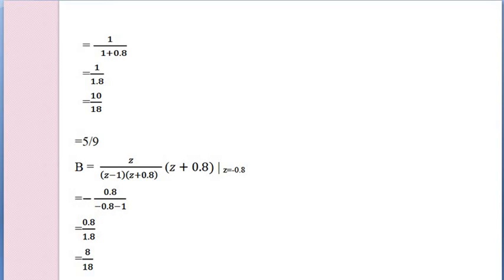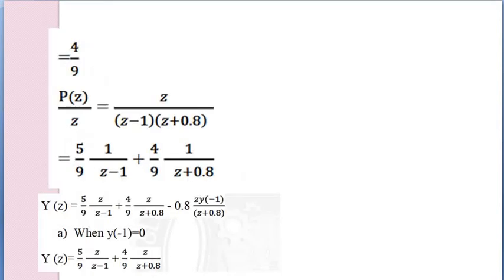Substitute the z value as minus 0.8 and simplify. We get 4 by 9 as our B value. Now substitute the A and B values in P of z by z. The equation becomes 5 by 9 divided by z minus 1 plus 4 by 9 divided by z plus 0.8.